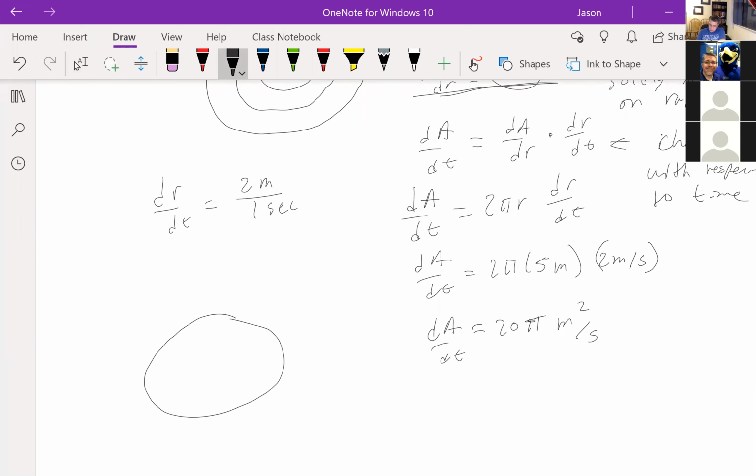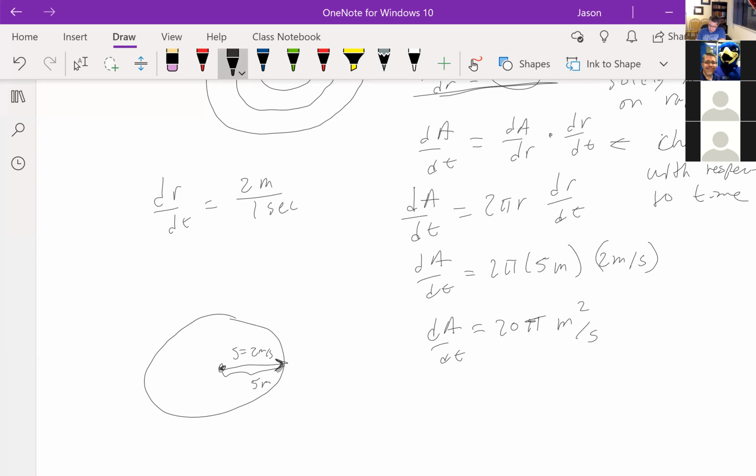When I have this wave moving from the center, I'm going to put a little arrow here. That's a vector. You don't need to know what that is. But this is moving outward at a speed of 2 meters per second. And how far away am I? I'm 5 meters. Then what's the area doing?